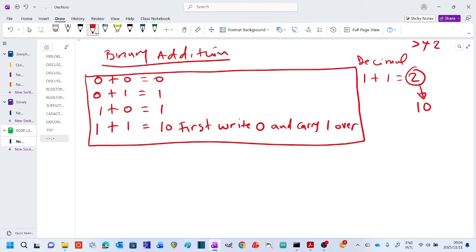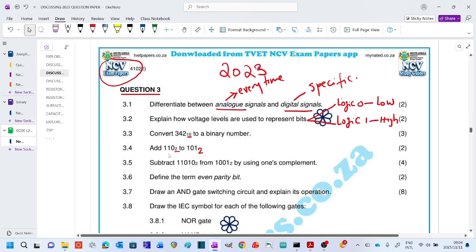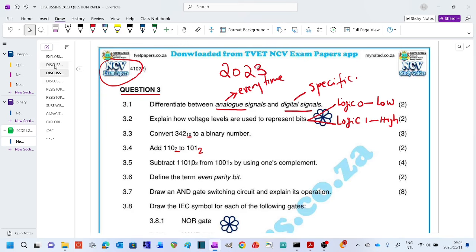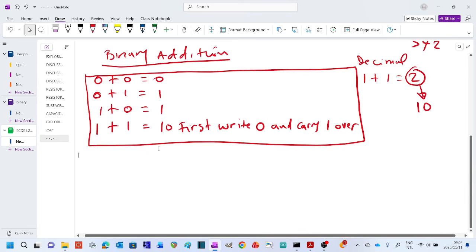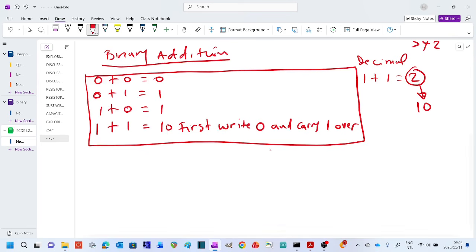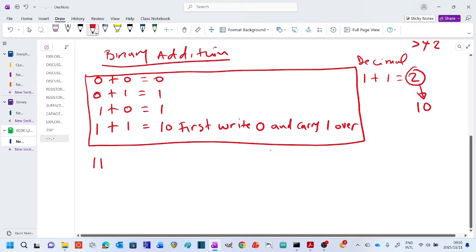Now, back to the question. What was the question? The question said 110 base 2 plus 101.